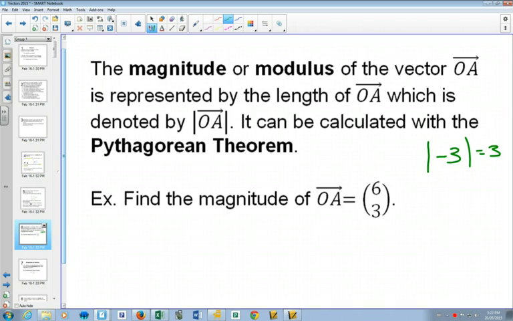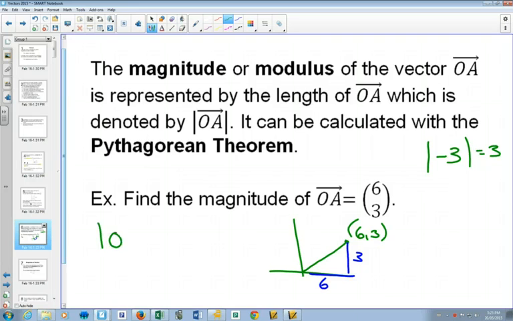So we also use the same kind of notation when we're trying to find the magnitude of a vector. We just find the distance. And if you had the point 6, 3, and you wanted to find out how long that vector is, well, you could make a triangle, and you know this is 6 and this is 3. So the magnitude of OA will just be a squared plus b squared equals c squared, and square root it.